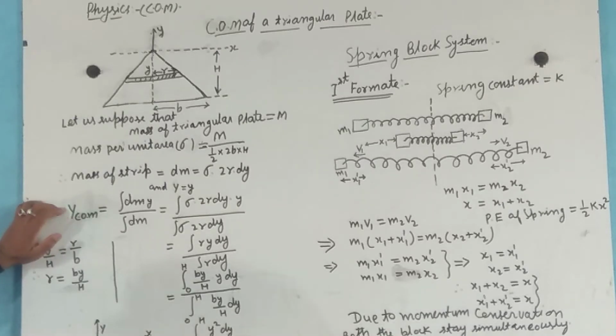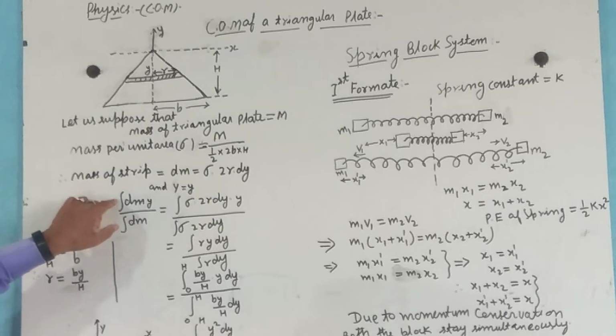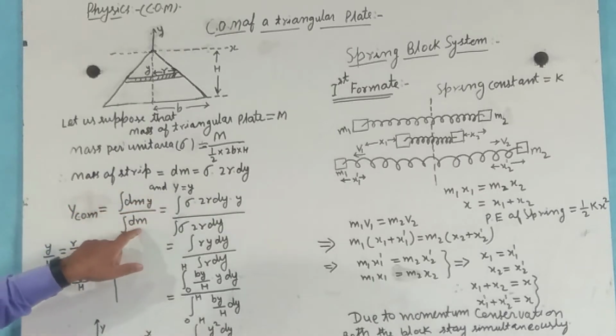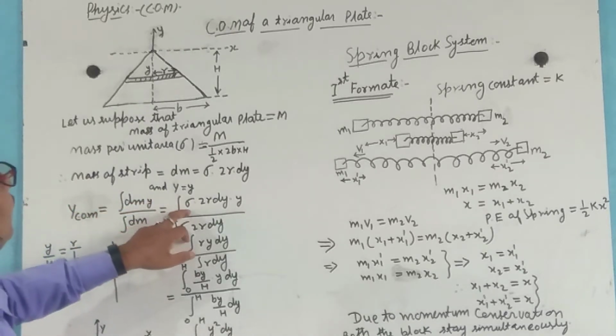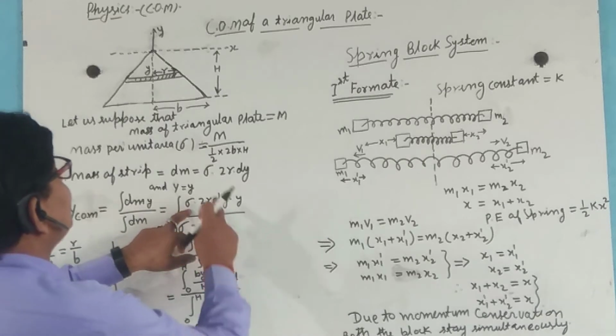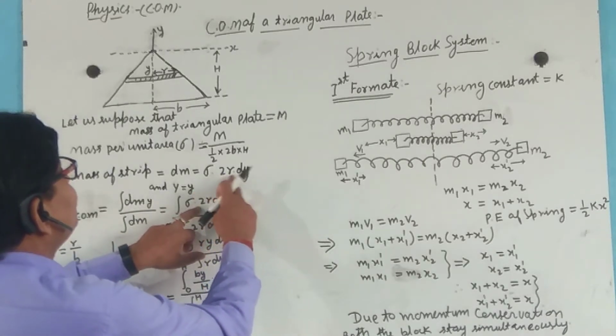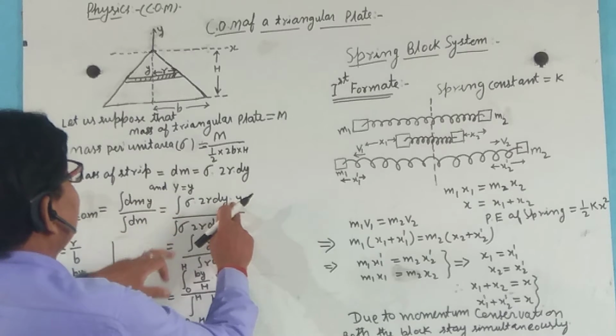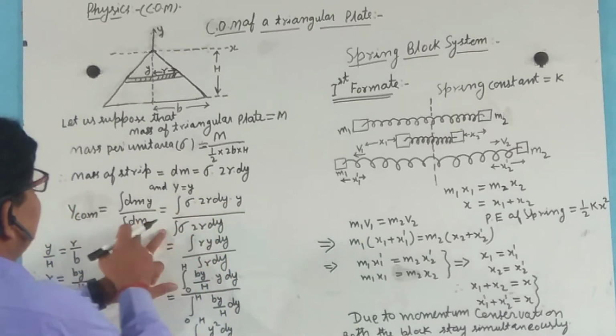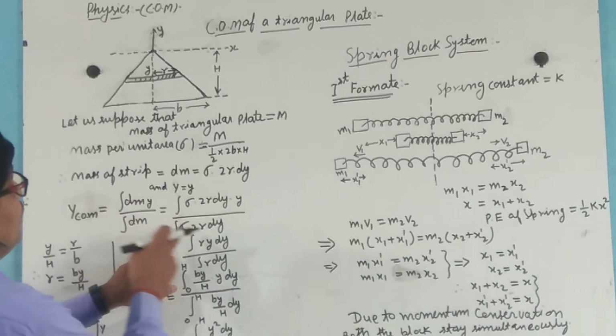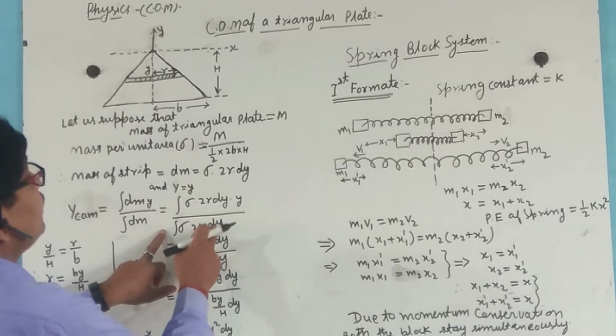the y coordinate of center of mass, is equal to the integration of y dm divided by the integration of dm. That is the integration of sigma 2r dy into y divided by the integration of sigma 2r dy.